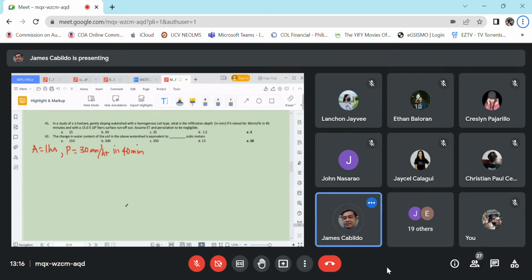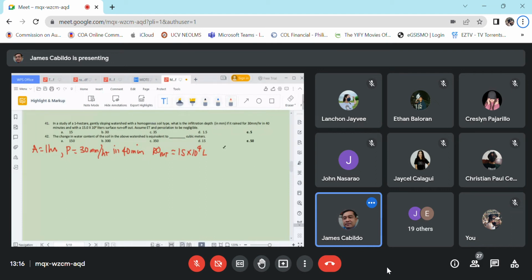And there is a runoff out of 15 times 10 to the 4th liters.